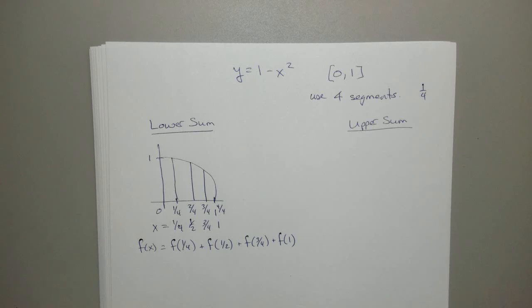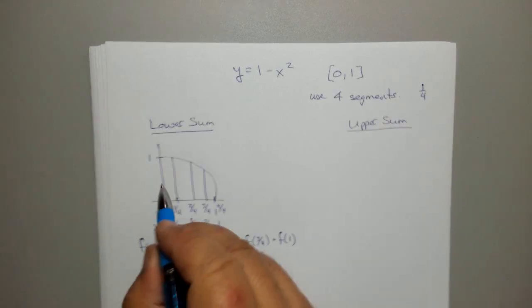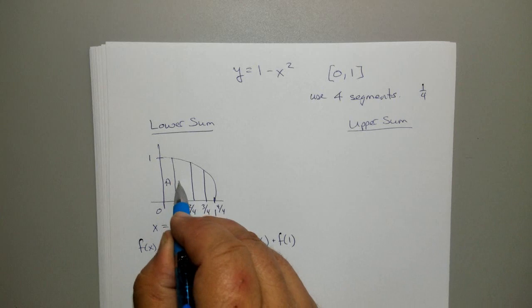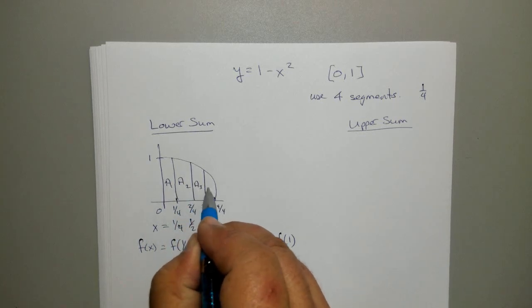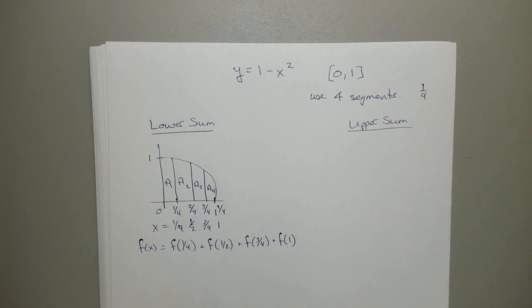What are we looking for here? We're looking for the area underneath it. So what we're doing is finding the areas of all of these interior boxes and adding them together.